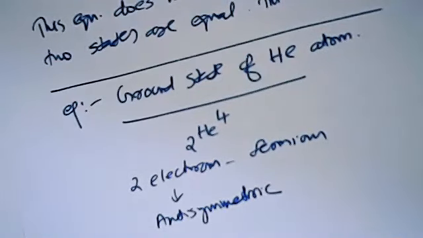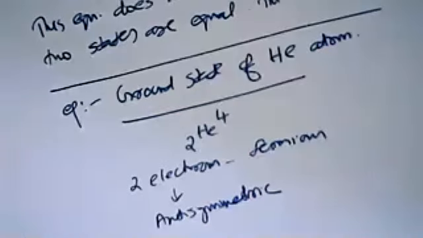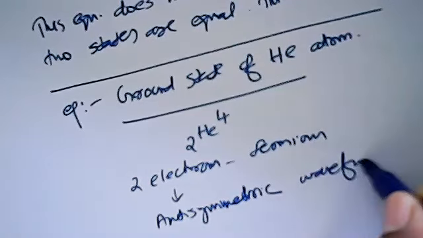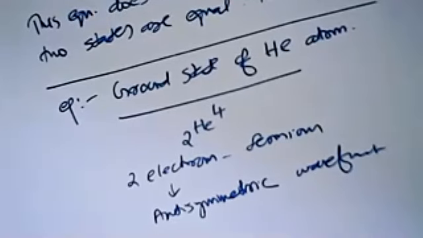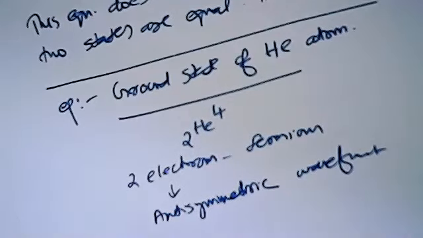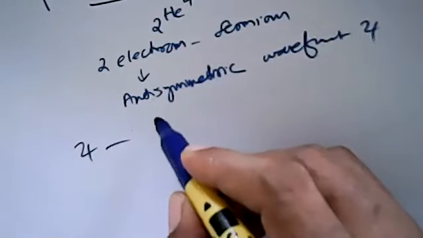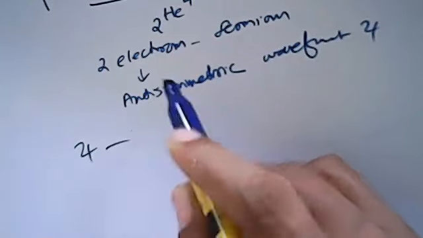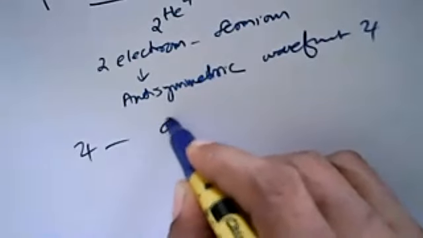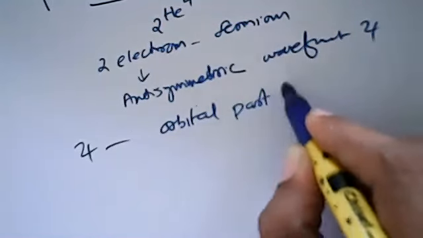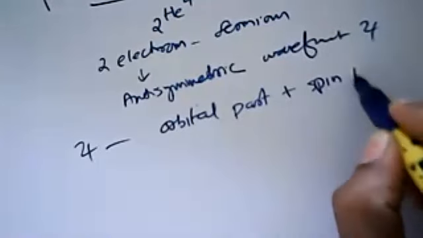Okay. The wave function is normally antisymmetric, but the wave function psi will have two parts. One is a space orbital part, plus a spin part.